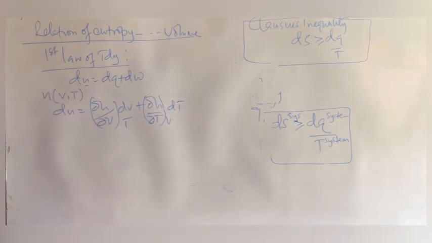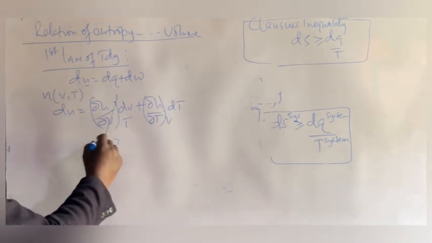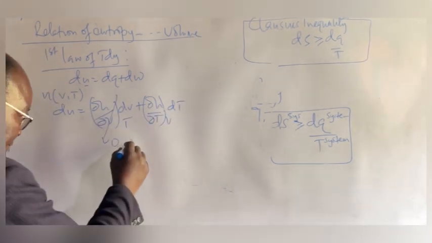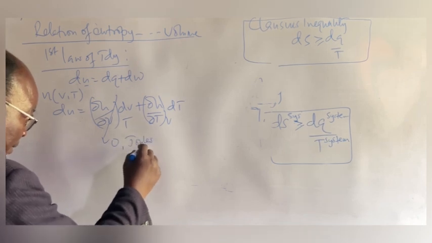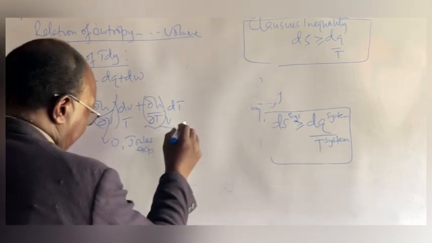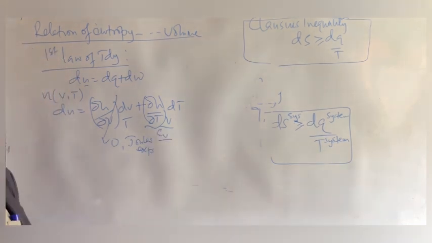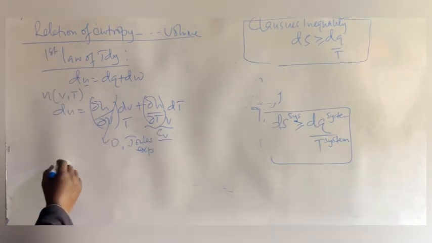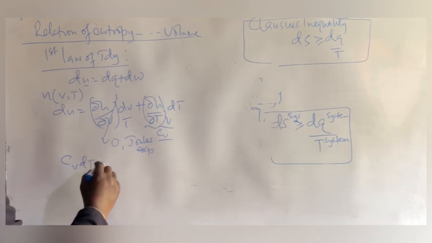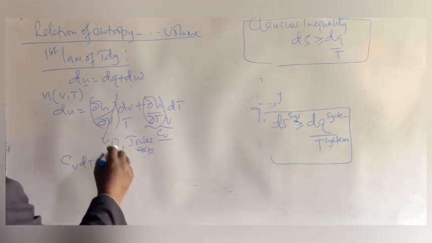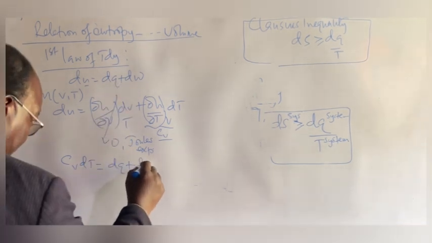And from Joule's experiment, we saw that this first coefficient was 0. And this expression here is CV, the isochoric heat capacity. So basically, CV dT is equal to dQ plus dW.